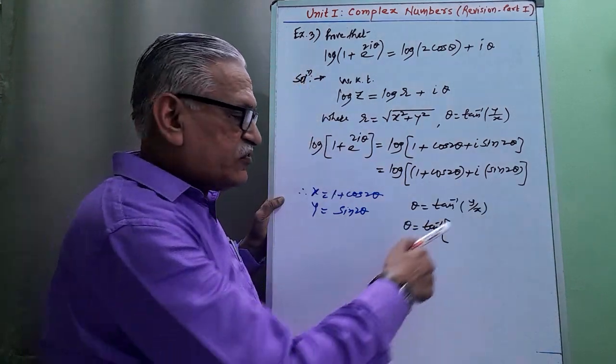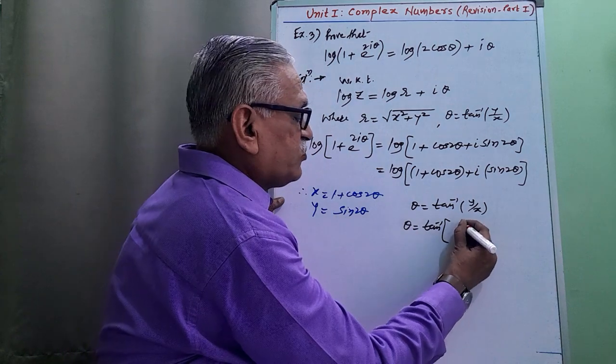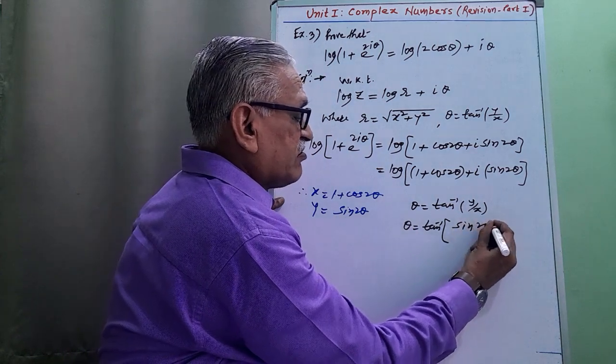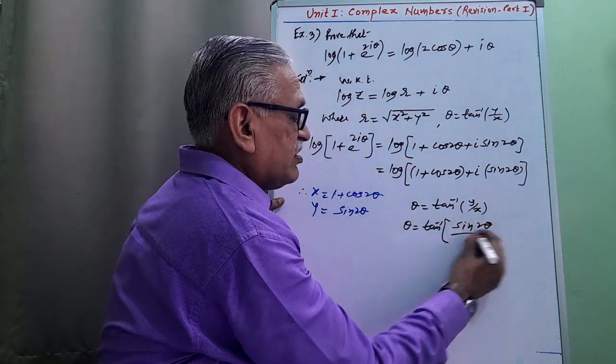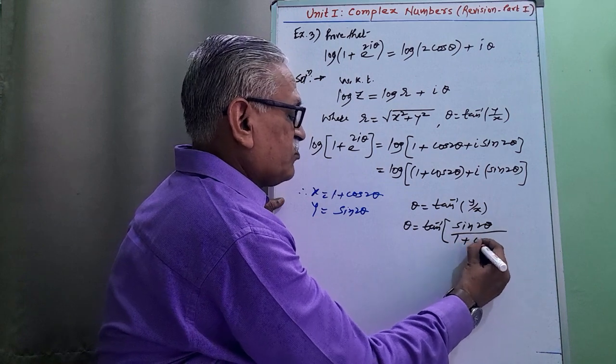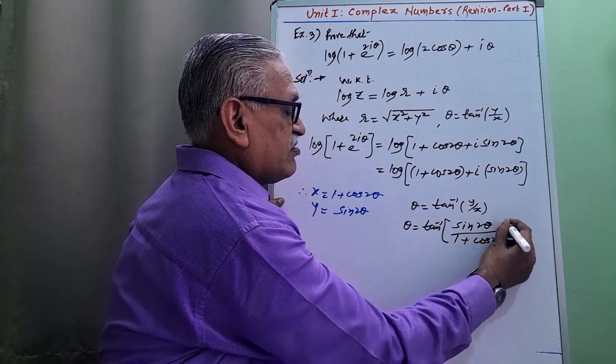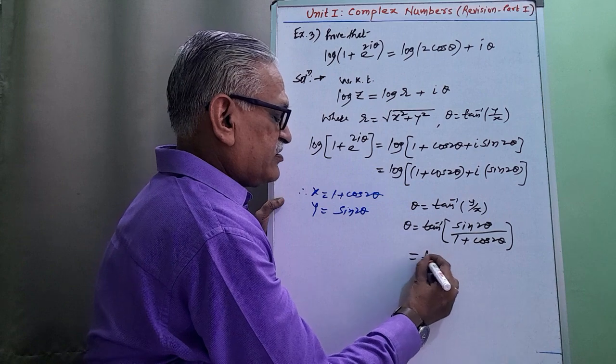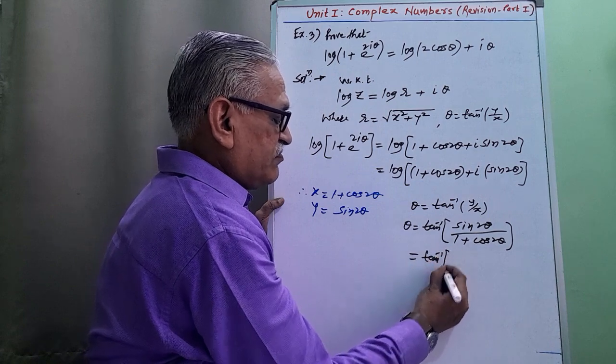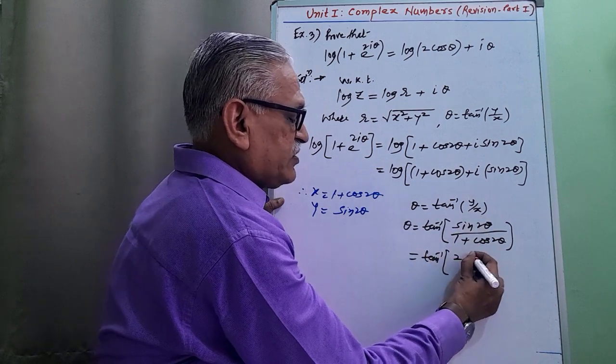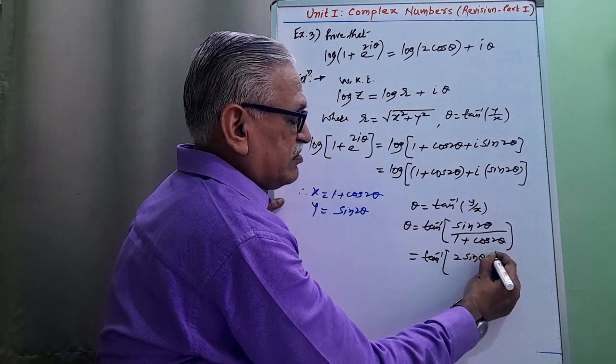θ is equal to tan inverse of y by x. y is sin 2θ divided by 1 plus cos of 2θ. Simplifying it, it is tan inverse of sin 2θ is nothing but 2 sin θ cos θ.